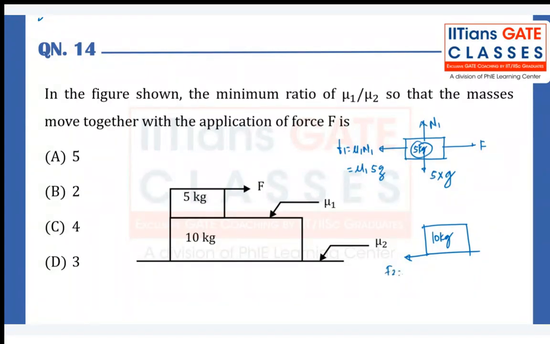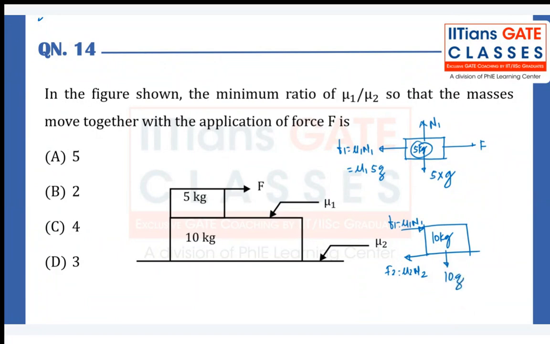Let's call it F2, which is mu2 N2. When we are moving the 5 kg block in the rightward direction, the frictional force on the 5 kg block will be in the leftward direction. However, the frictional force on the 10 kg block will be in the rightward direction. So this is the direction of F1, which is mu1 N1.